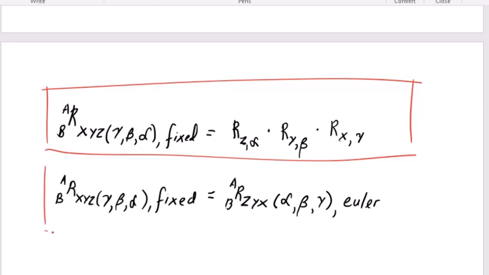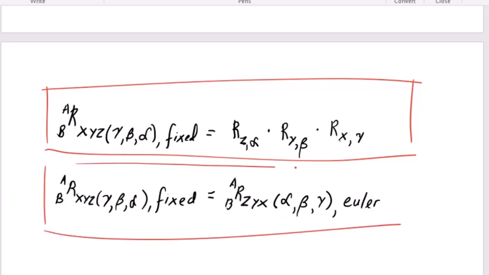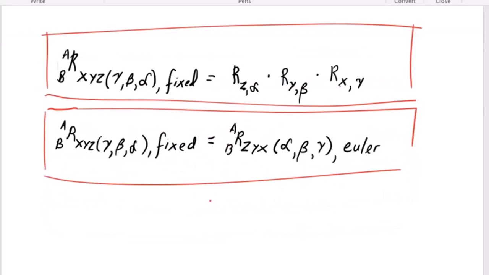So I will box this one. This is there. Or you may emphasize R, B to A, Z prime, Y prime, X prime, alpha, beta, gamma. That's represented by Euler.